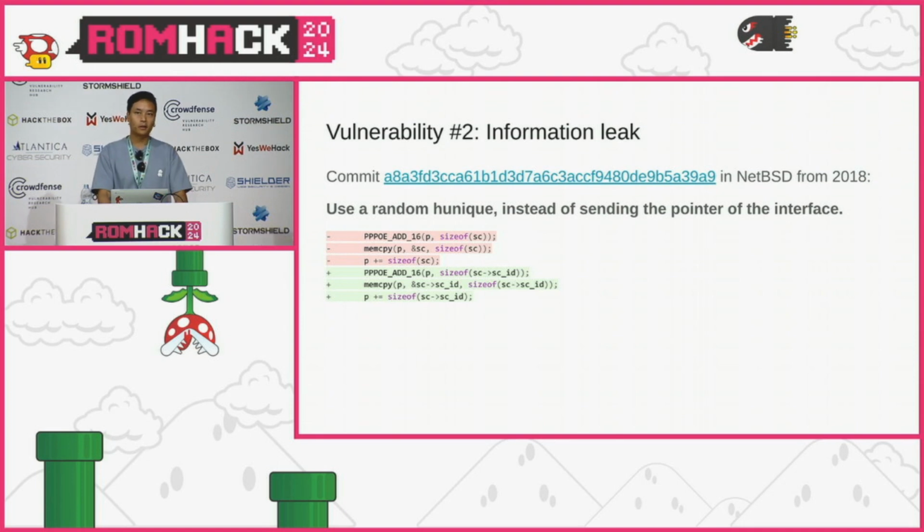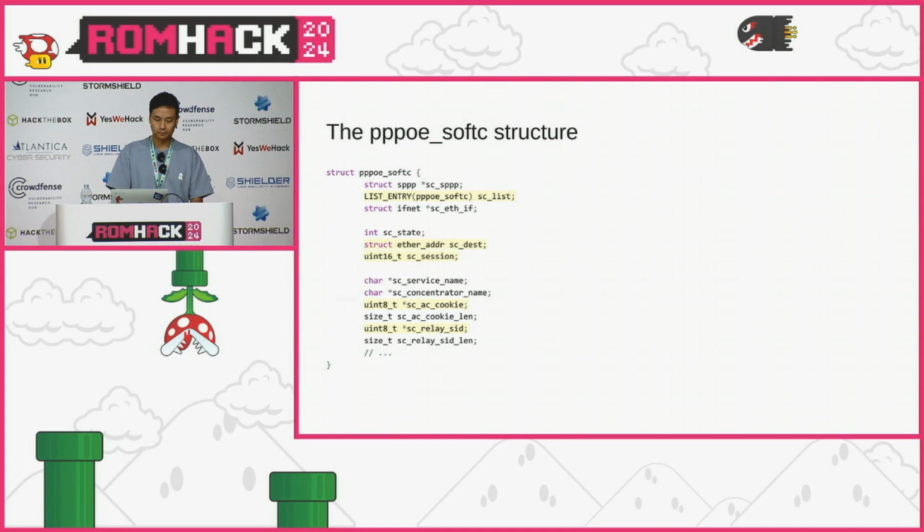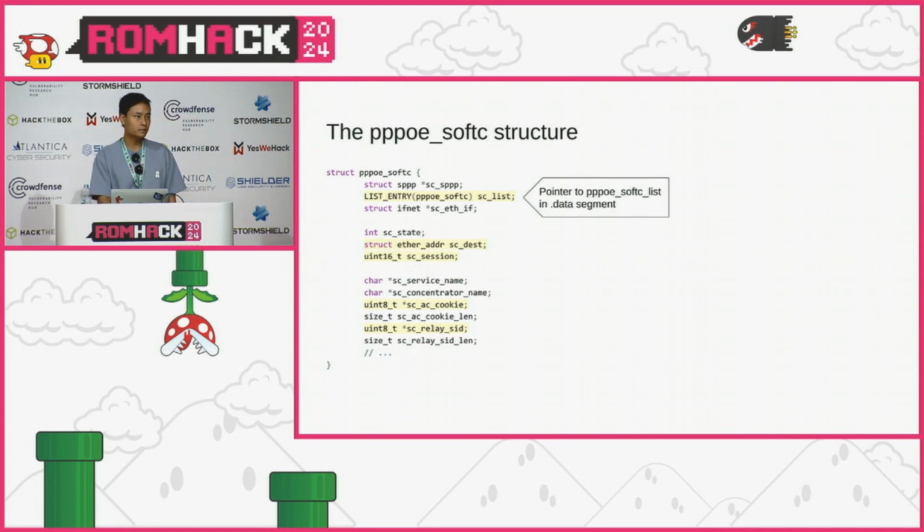So what's the potential of this information leak? The pointer that we leaked is located on the heap, so it cannot be used to defeat KASLR. But it may still be very practical for exploitation, as it's a pointer to the following structure, as mentioned before, called PPPoE softc. And some interesting fields here are the ASCII list, which is a pointer to a data segment.